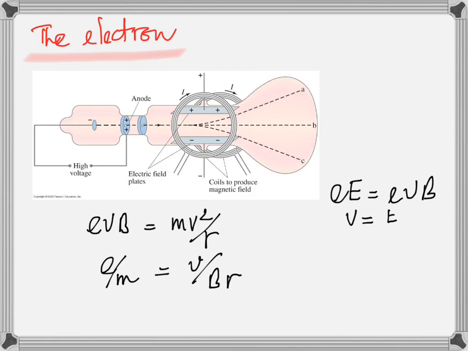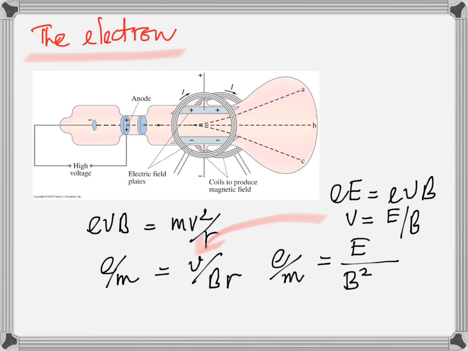And if the strength of the fields is adjusted so that the forces are equal, then E is equal to VB, from which you can get a formula for velocity. Substitute it back into the original formula and you get the e by m as strength of the electric field divided by the square of the magnetic field times the radius. By measuring the radius, the specific charge of the electron, which is e by m, can be calculated.